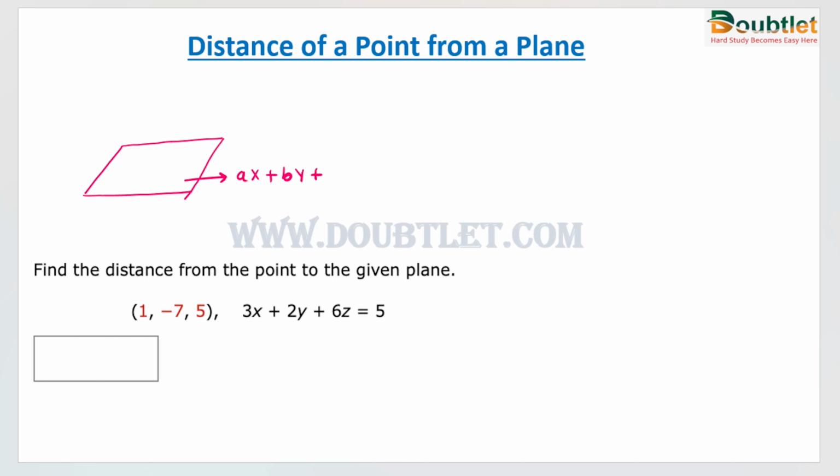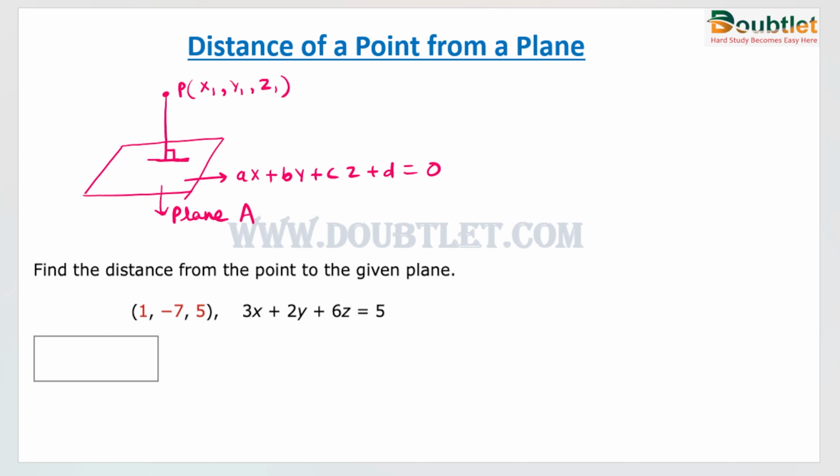When we are talking about distance, we are talking about the perpendicular distance of this point from this plane. We can name this plane as plane A and this point as P. The coordinates of this point are x1, y1, z1.